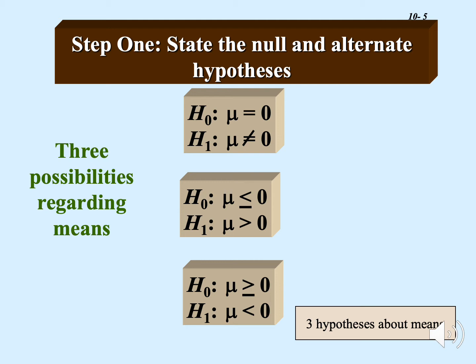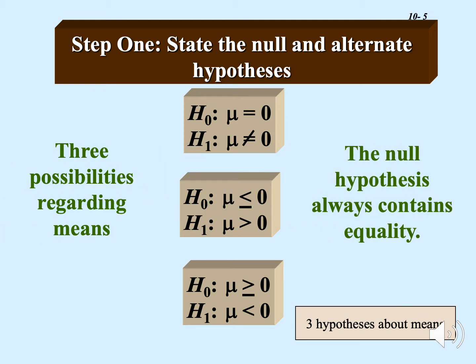It doesn't matter whether it is one directional or two directional, because the slight difference in the critical value doesn't matter at all. And you have to remember that the null hypothesis always contains the equality. So there is equal to, less than or equal to, and greater than or equal to, so there is still the equality.